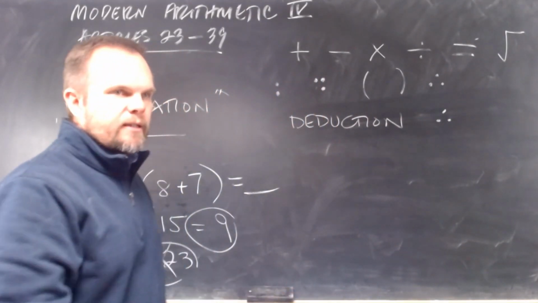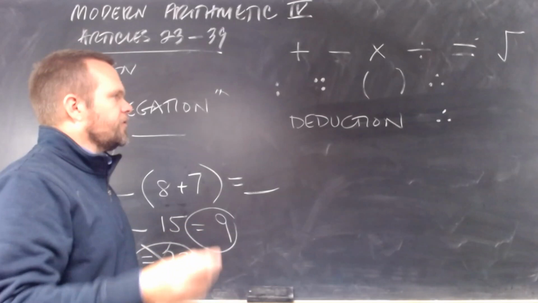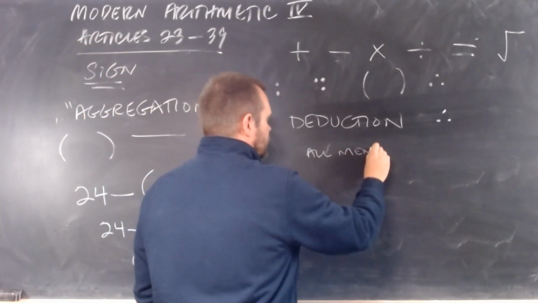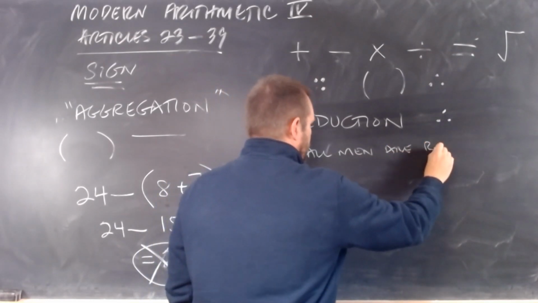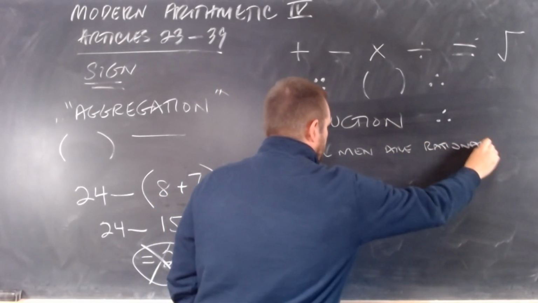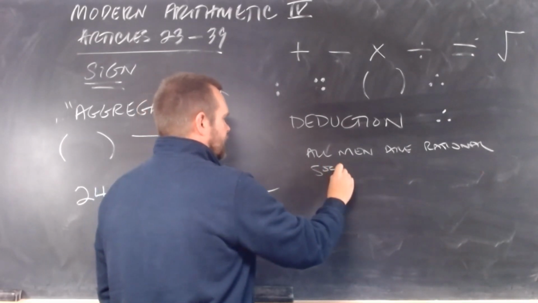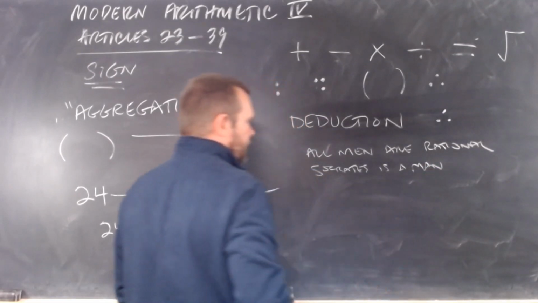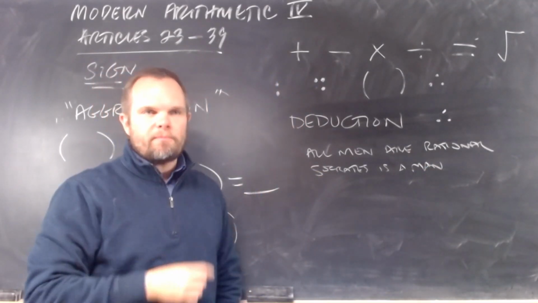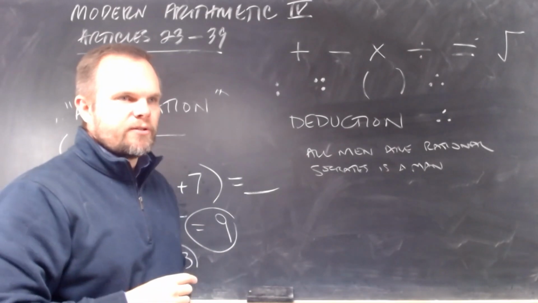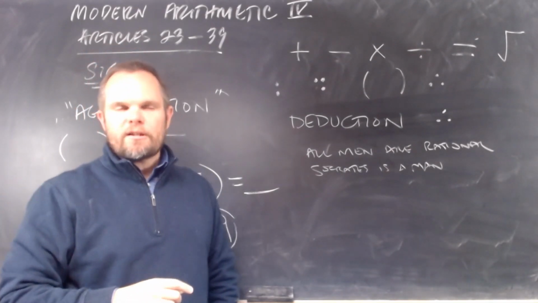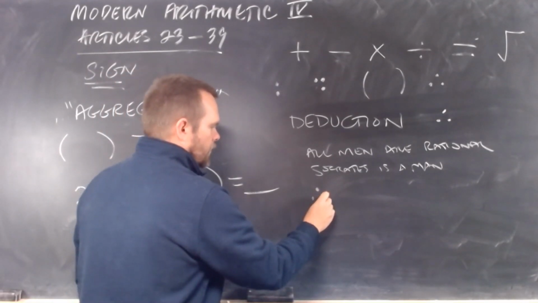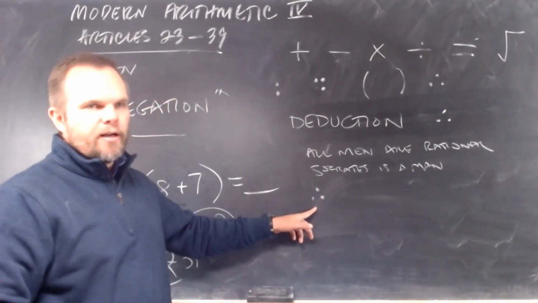So just to give you an example from reasoning, if I said all men are rational, Socrates is a man, and I wanted to write the conclusion based on those 2 propositions. Before I write the conclusion, I would use the sign of deduction, and that means therefore.